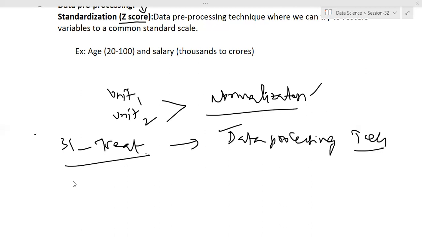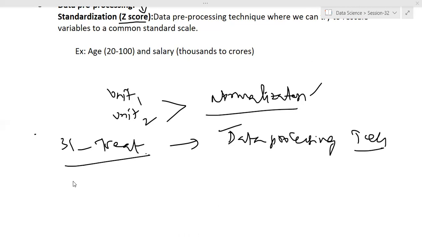Okay, so if you observe that your age is between 22 and 100 and salary is from thousands to some crores, then definitely we have to rescale the variables. So standardization can be done with the Z score also. The main advantage here is that, as part of data pre-processing, we can rescale the variables to a common standard scale, say -1, -2, -3.